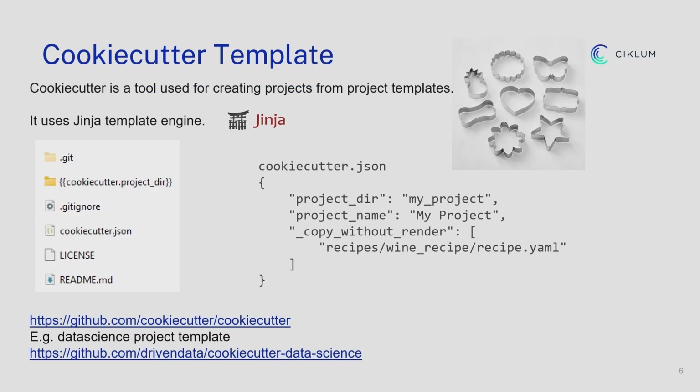Here is how the Cookiecutter template works. Basically, you have this project structure with a root directory for your project, and it uses the Jinja templating framework. What it does is render all the things. It substitutes these variables, for example, this project directory, with this value. When you are creating the project, it also asks you to provide your own values. These are just default values if you don't provide any other.